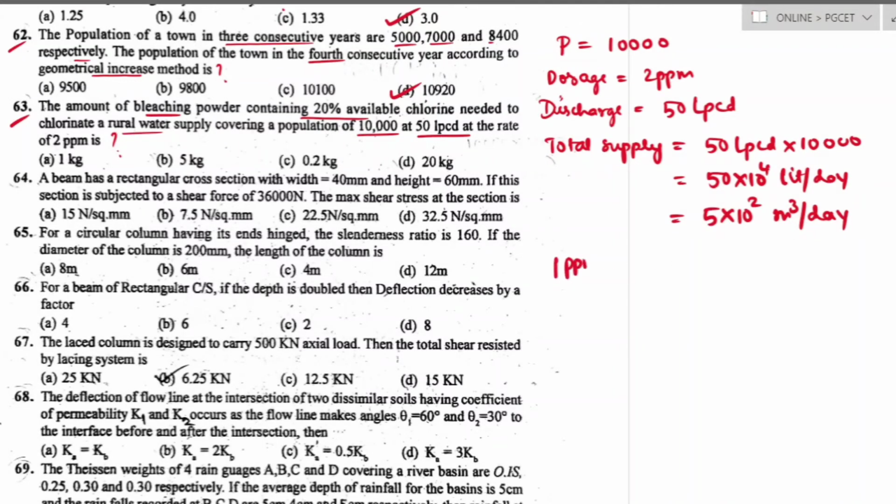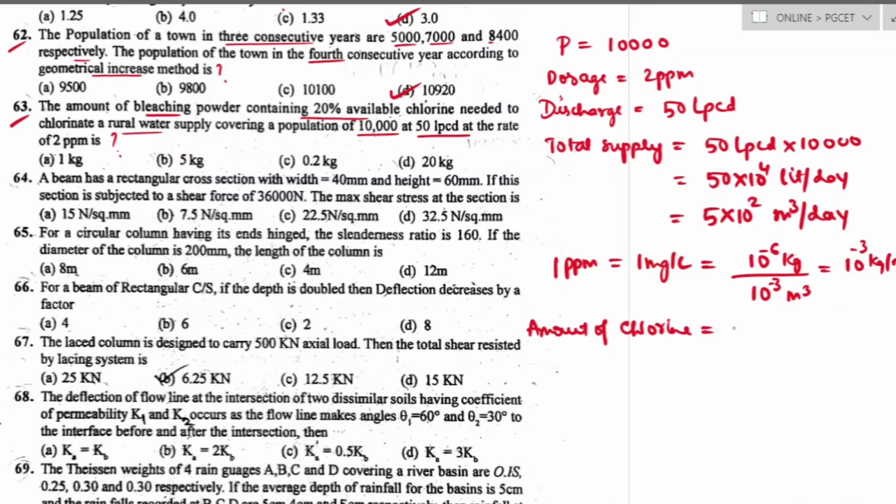We know that 1 ppm is equal to 1 mg per liter, which is equal to 10 to the power of minus 6 kg divided by 10 to the power of minus 3 meter cube. So it is equal to 10 to the power of minus 3 kg per meter cube. Amount of chlorine required daily is equal to 2 ppm multiplied by 5 into 10 to the power of 2 meter cube.